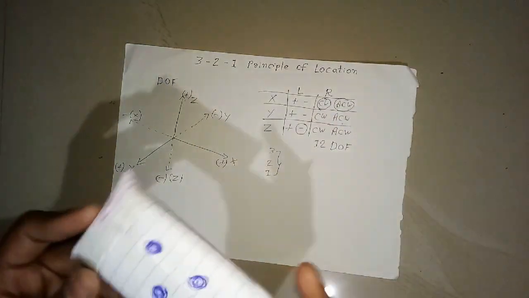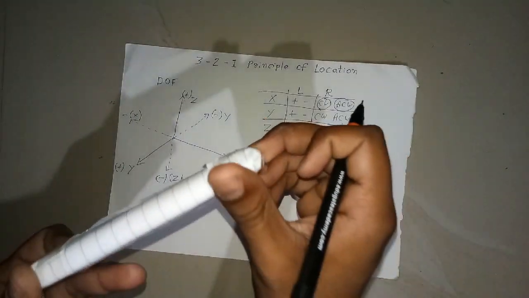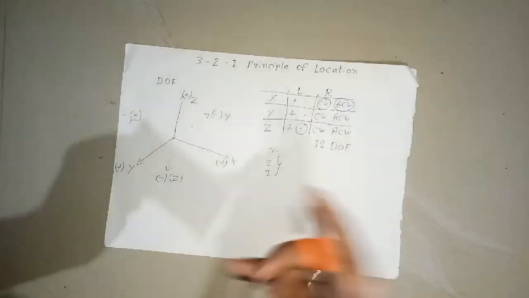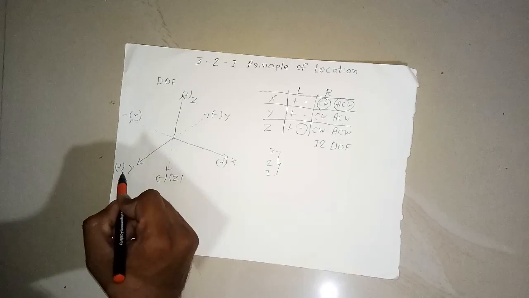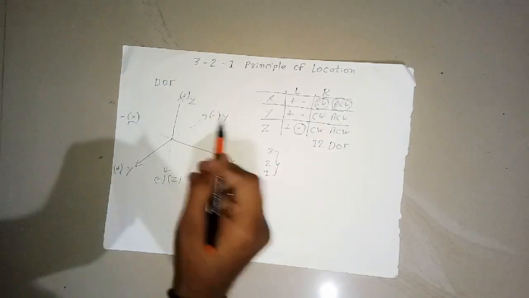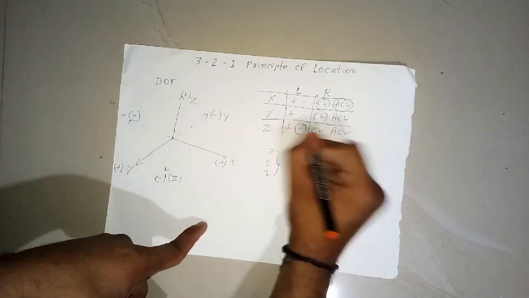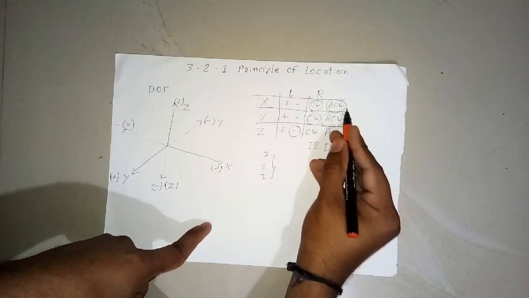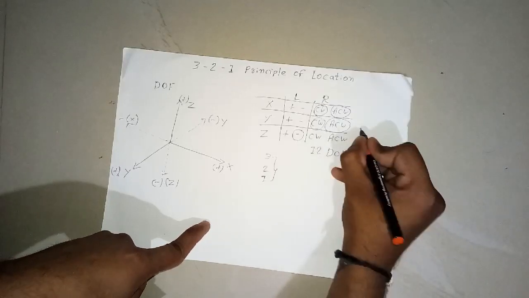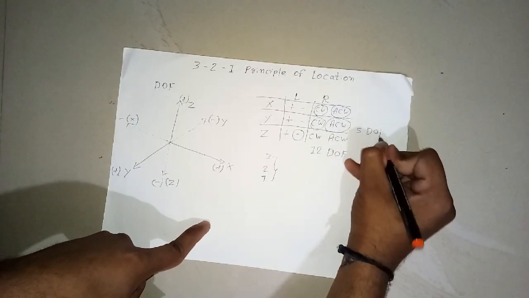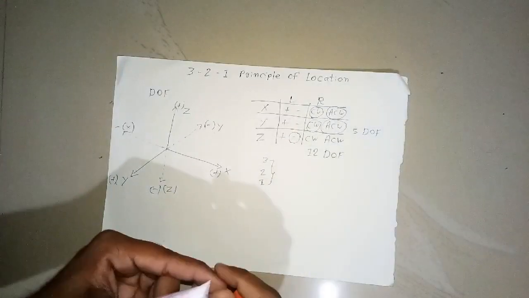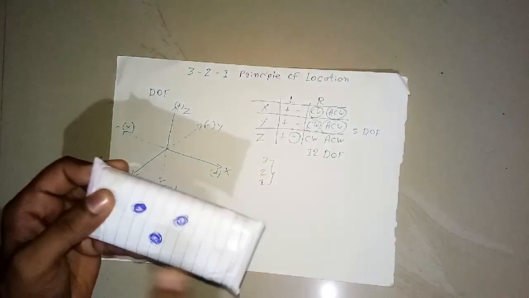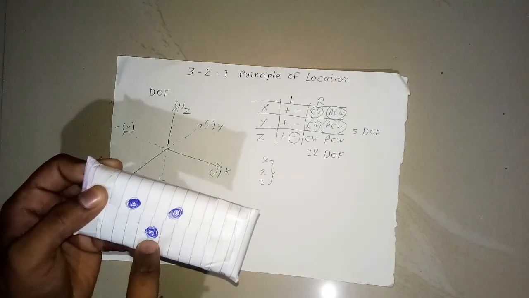Your object does not move like this, so clockwise, anti-clockwise about the y-axis. So total 1 2 3 4 5 degrees of freedom, or motions, are restricted by these 3 pins.